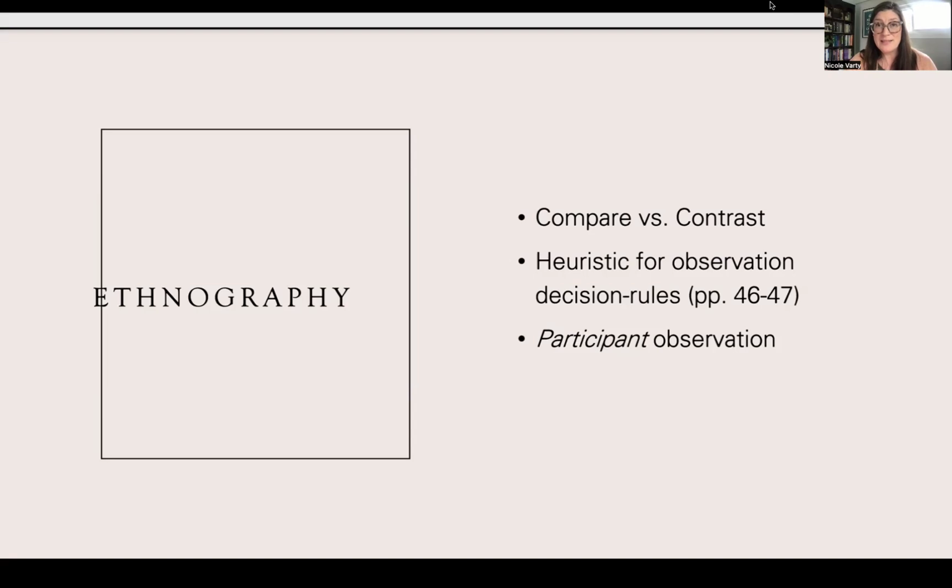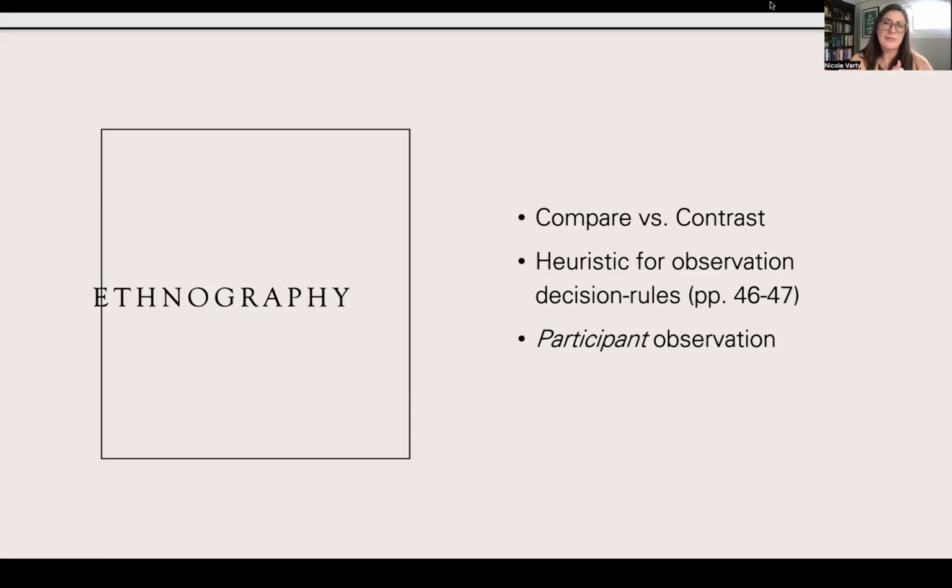So we start itemizing. Well, this pizza place does Detroit style pizza, and this pizza place does thin crust, yada, yada, yada. So when we're doing ethnographic research, if we are going to be holding up another site or another experience as a contrasting example, we want to make sure that it is more of a contrast than a comparison.